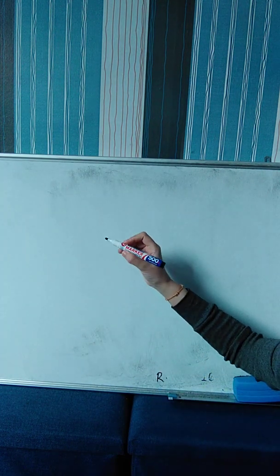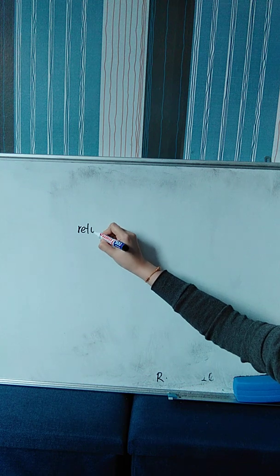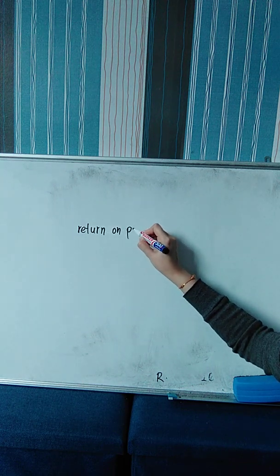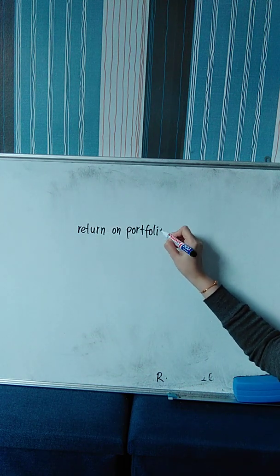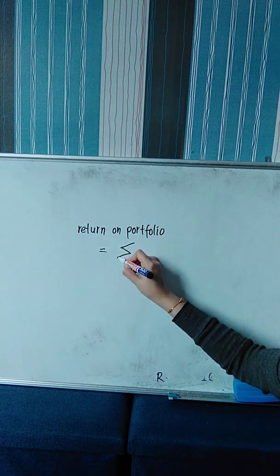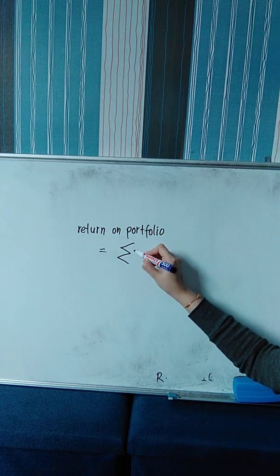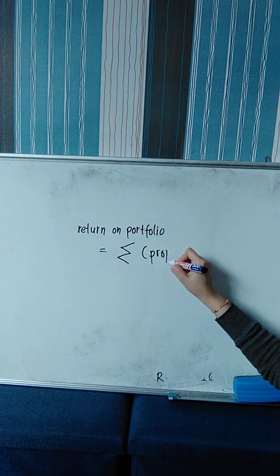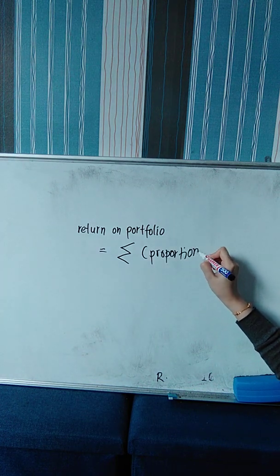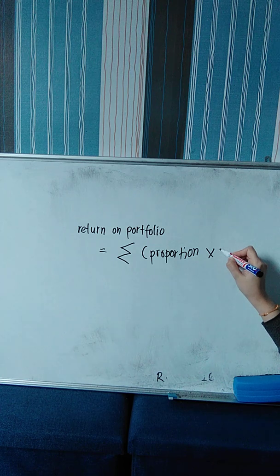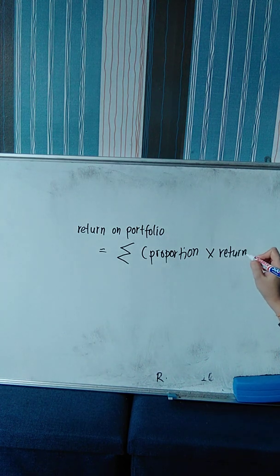Then how do we measure the portfolio return? To calculate the portfolio return, we have the formula: return on portfolio equals the sum, the sum means the total, of proportion times the return on asset.